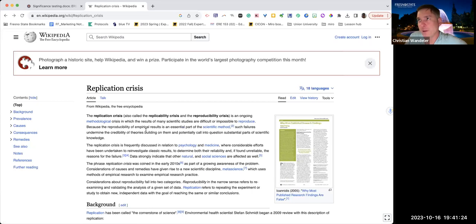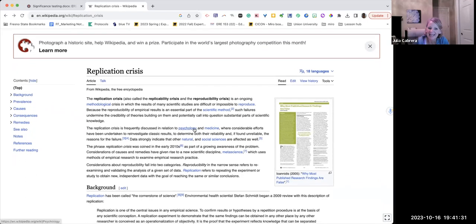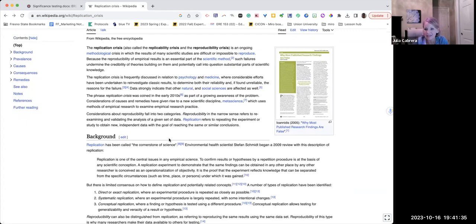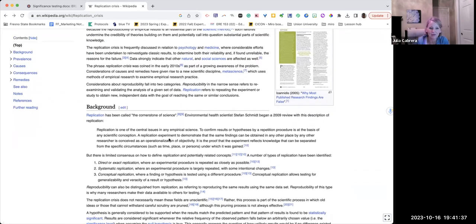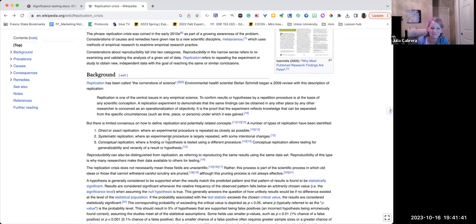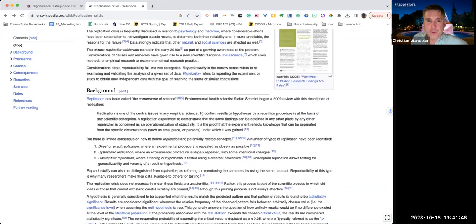It's probably more prevalent in the social sciences. I would think so, because there are so many variables that it's hard to replicate. Every person is so unique, and every situation you try to make exactly the same, but it's so hard to do. Yes, and medicine is an area as well.